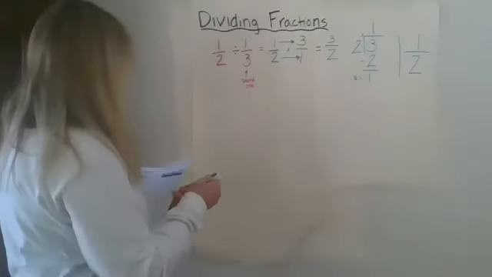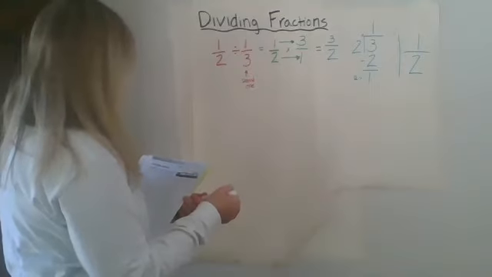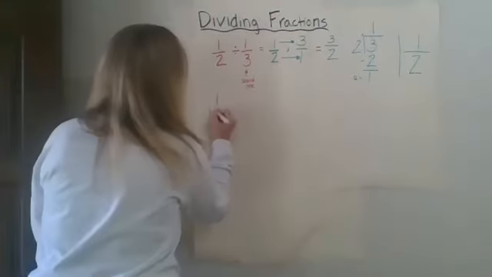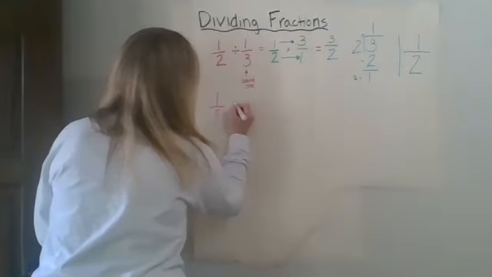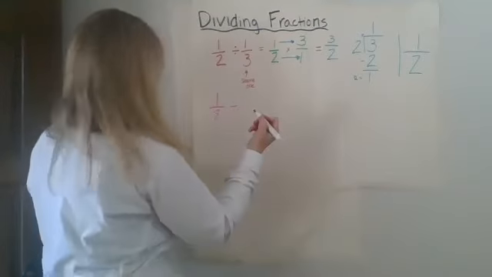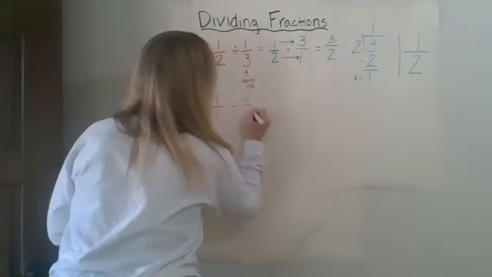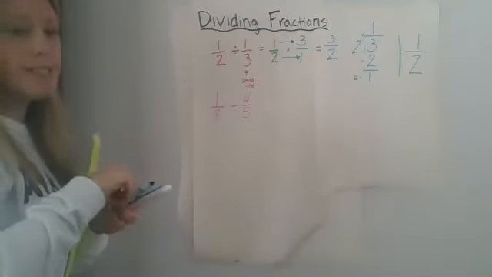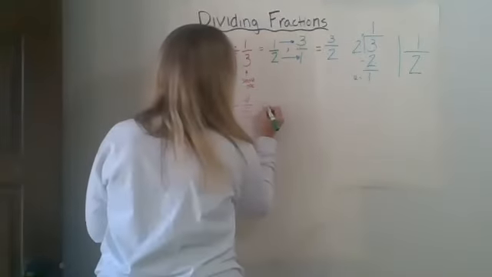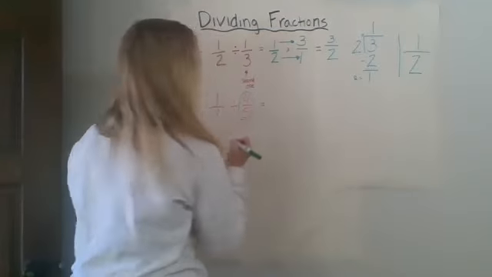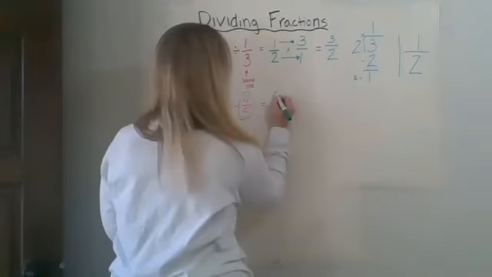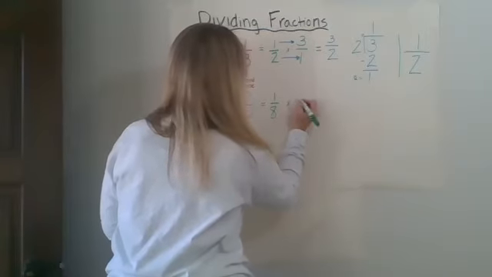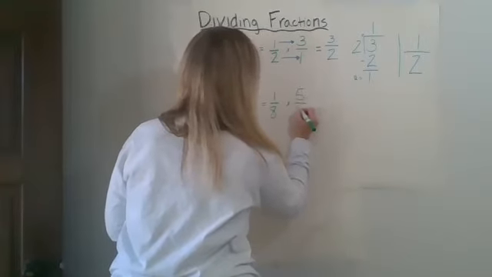Okay, so if I have 1/8 divided by 4/5, the one we flip, to create the reciprocal, will be the second fraction. We will take 1/8 and rewrite our problem times 5/4.